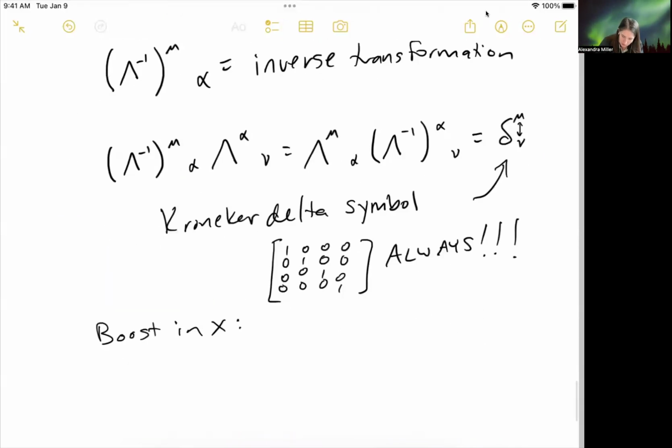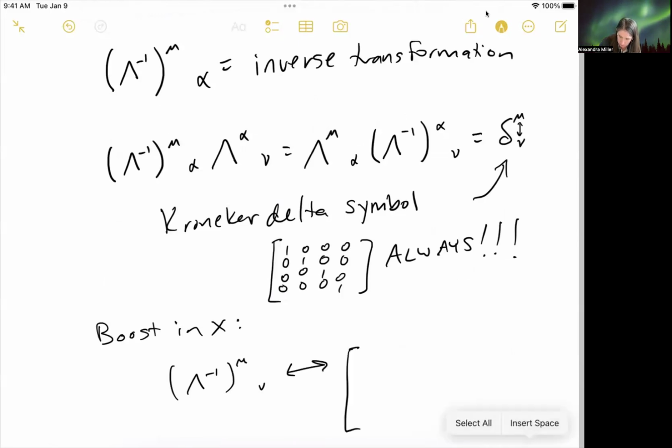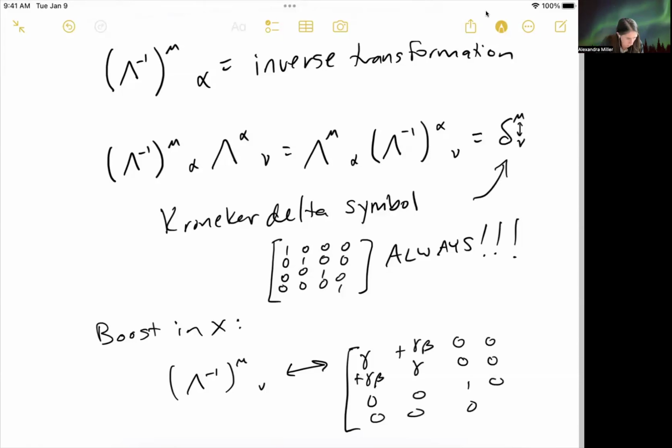So this is going to correspond to gamma, plus gamma beta, plus gamma beta, gamma. You can check for yourself that if you multiply those together, then you get the identity. So indeed, this is going to be an inverse.